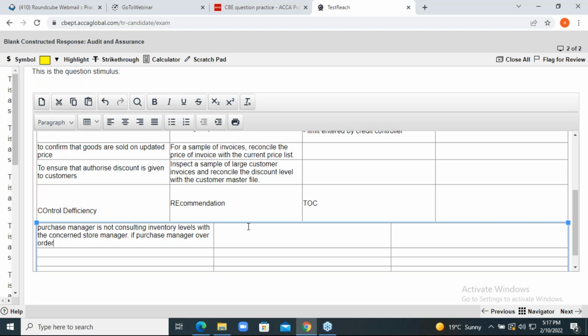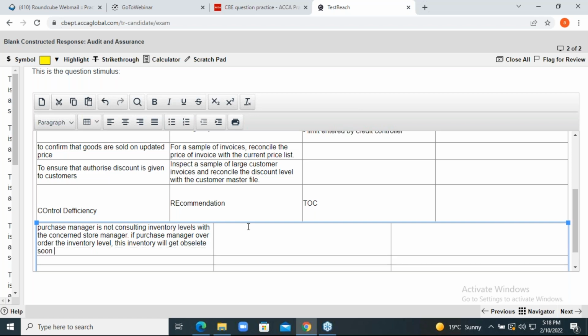Now let's say if a purchase manager over orders the inventory level, this inventory will get obsolete soon and will be of no use to the company.